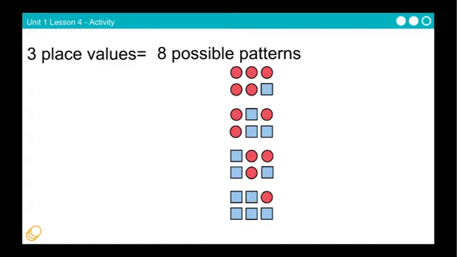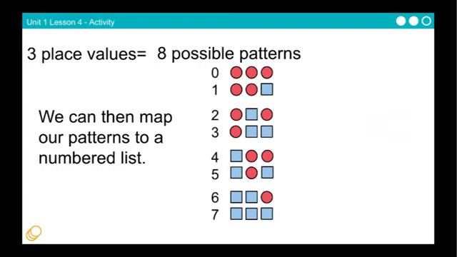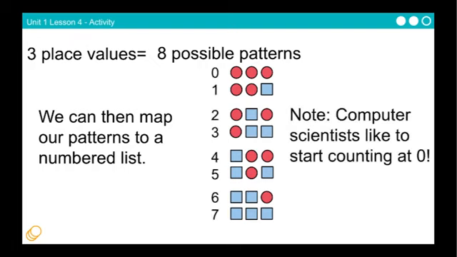Okay, so store that bit of information away for later. So, when we're counting, we start at 0, even though there is a total number of 8, because 0 counts as a number.